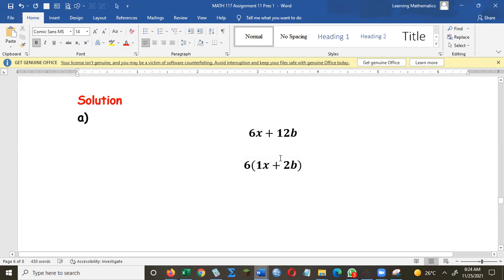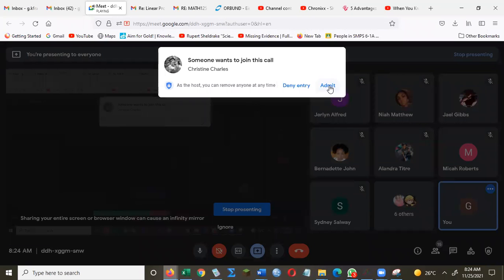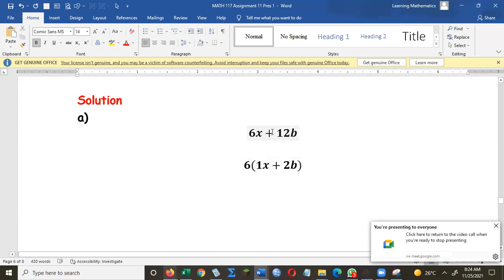Listen to me. The 6 has to be there, because we're supposed to be able to get back to 6x plus 12b. You understand? So the 6 must be there.